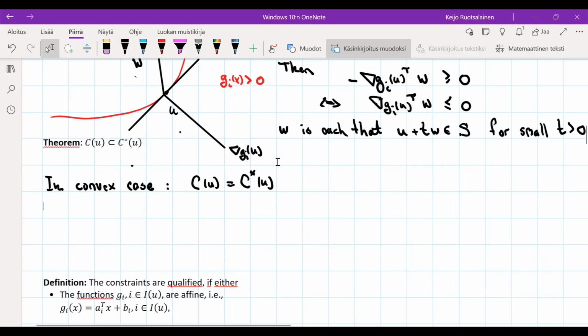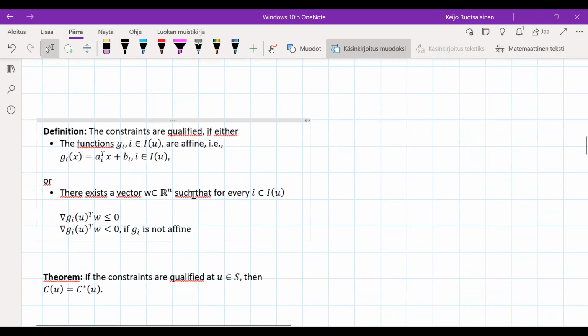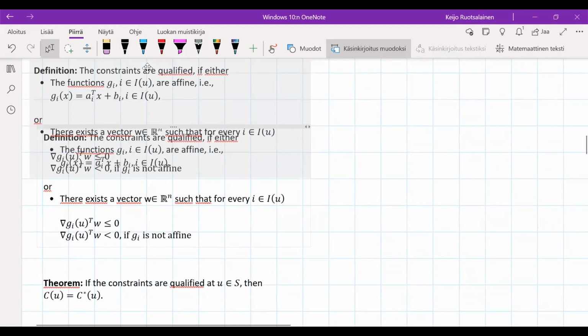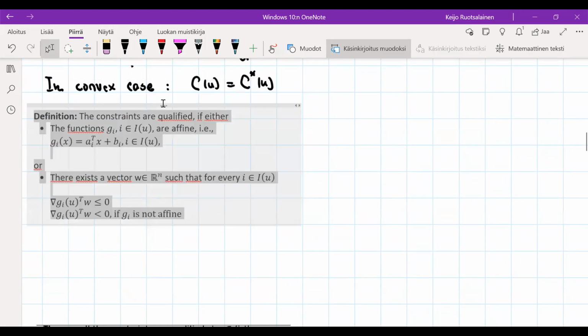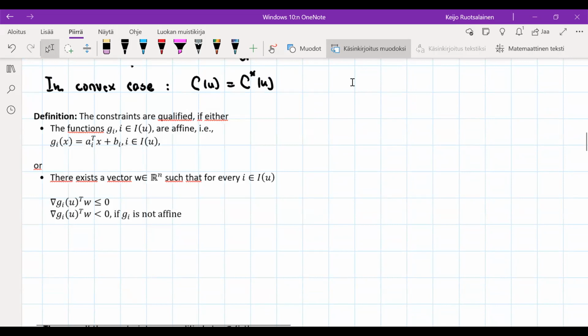And I say that my constraints are qualified if either the functions are affine, so we have linear constraints.